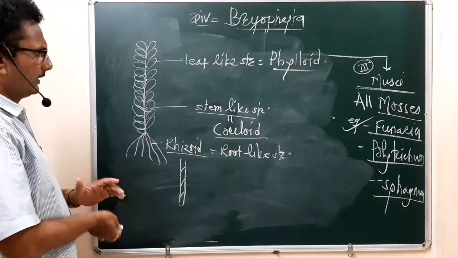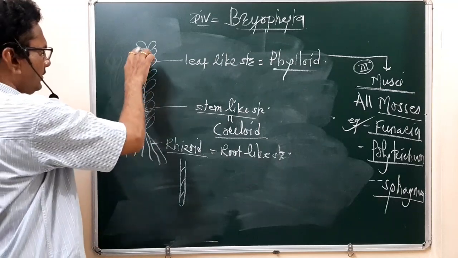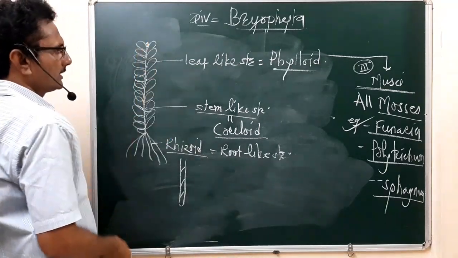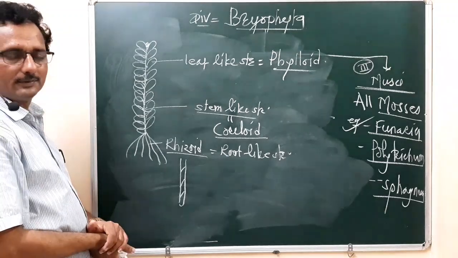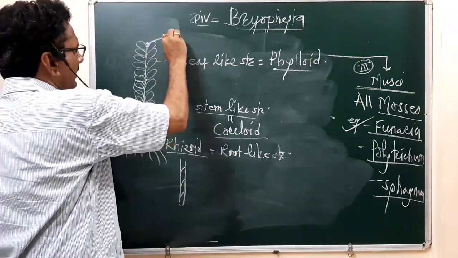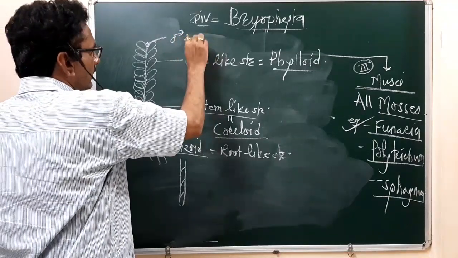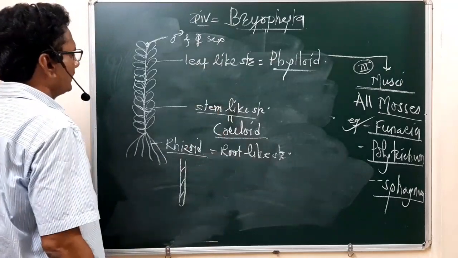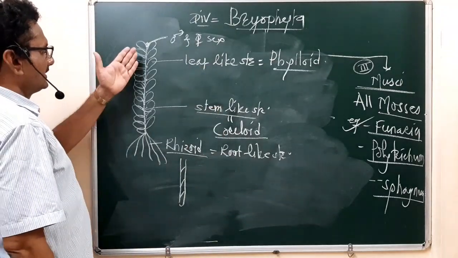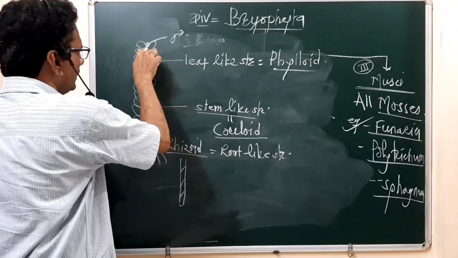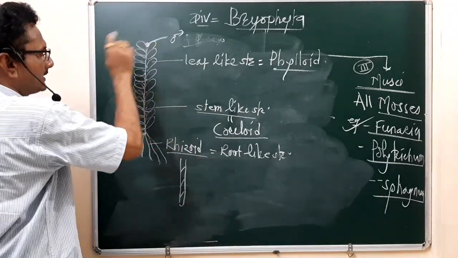Why is it the gametophytic phase? Because towards its apex, the respective sex organs are developed, the male sex organs or the female sex organs. Suppose on this branch or tip of the branch, they have the male sex organ.